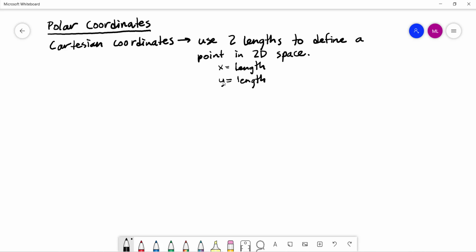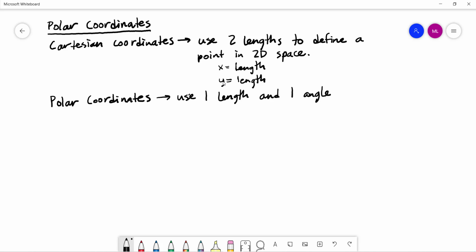Polar coordinates only use one length, and the other value they use is an angle. So these use one length and one angle to define a point.